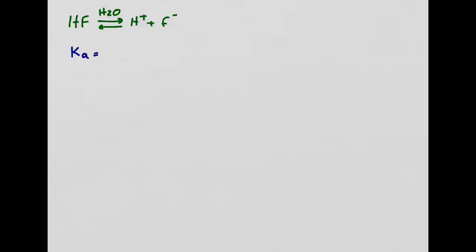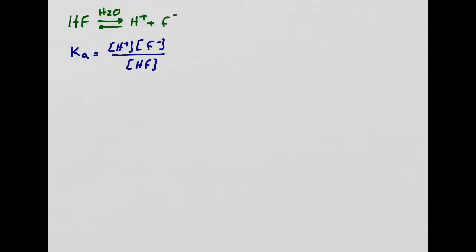This would be Ka, because hydrofluoric acid is my acid. The Ka would be product over reactant, so H plus times F minus over HF. Again, I used H plus instead of hydronium just to keep it simpler.